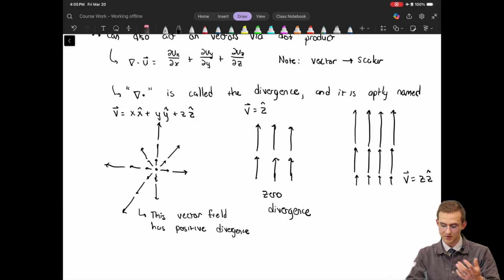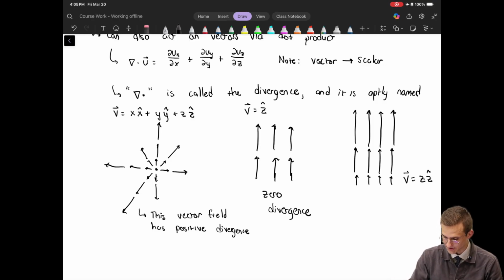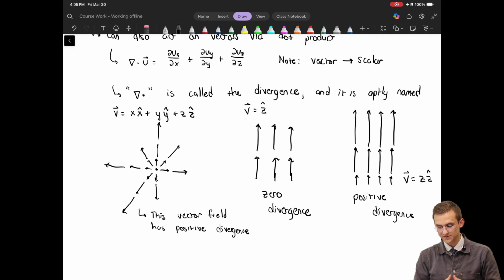So the further up you go in the z direction, your vector gets bigger and bigger. This one does actually have positive divergence. Okay, so the vectors aren't really spreading out, but there's some sort of source that's causing the magnitude of the vectors to increase as you move through space.